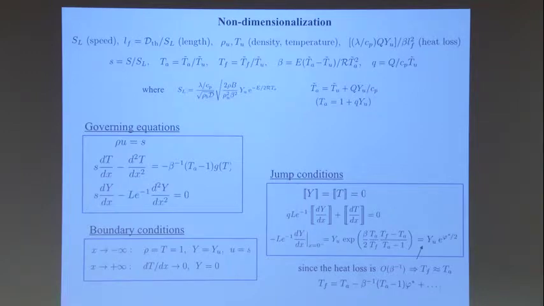But that's not surprising, because being in an exponential, a small deviation of Tf from Ta, if it is like beta minus 1, produces an order 1 effect. In other words, it's sufficient in that Arrhenius term to change the temperature by a little bit, of the order of the reciprocal of the Zeldovich number, for the speed to increase by an order 1 amount. And that's what's hidden behind this result.